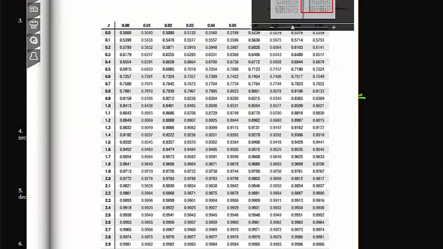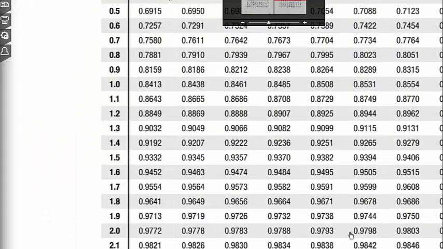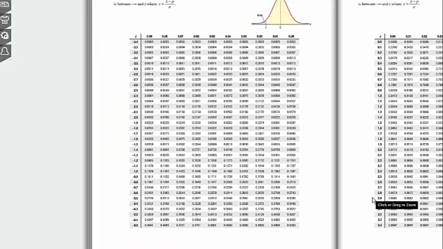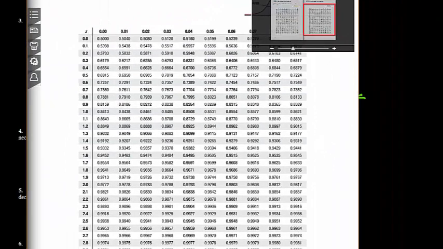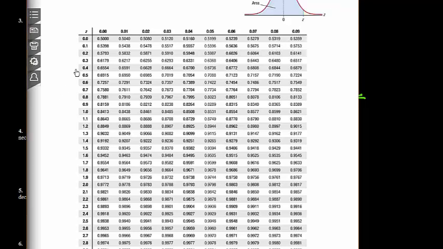So now we're going to look for a z that's 0.7, and we're going to walk this all the way out to 0.78.